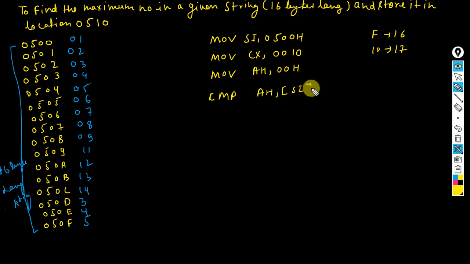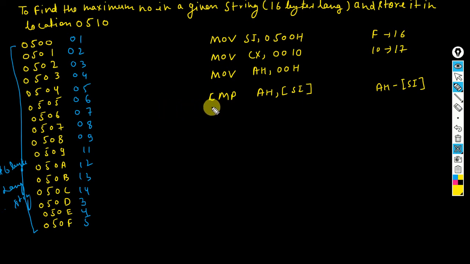Basically, the compare instruction subtracts the SI content from the AH value. If AH value is higher, our carry flag status is not high. If AH value is lower, then our carry flag status is high.